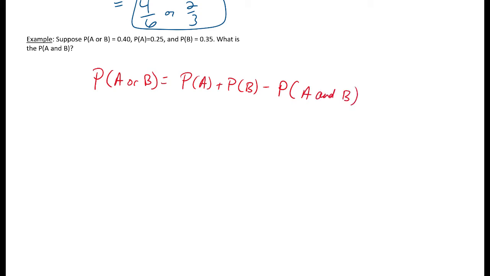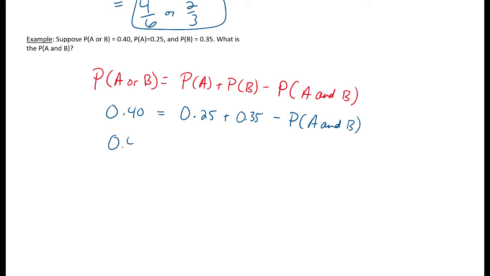All right, so now we fill in the information that we know. So A or B, we know that's 40%. That equals the probability of A, which we're told was 25%, plus 0.35, minus the unknown probability of A and B. That's what we're trying to solve for. Okay, so here we go.